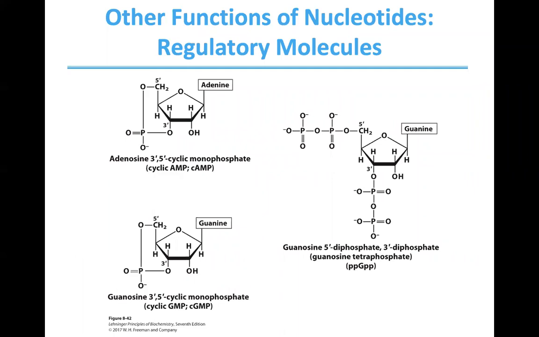DNA sequencing, we'll actually talk more about it in chapter 9, but there is some introduction to that in this chapter, and you had some Sapling problems on DNA sequencing.